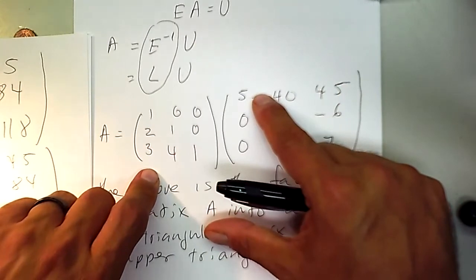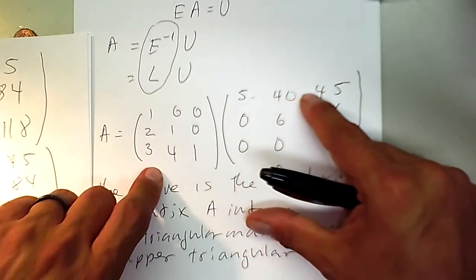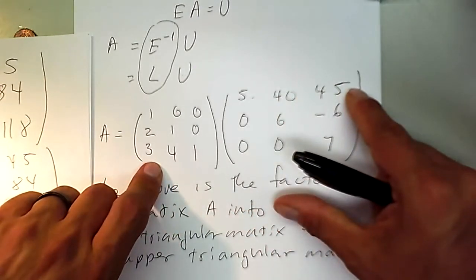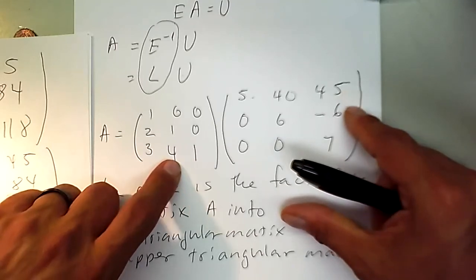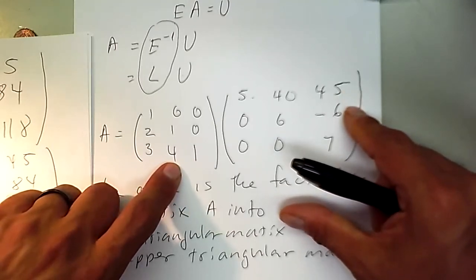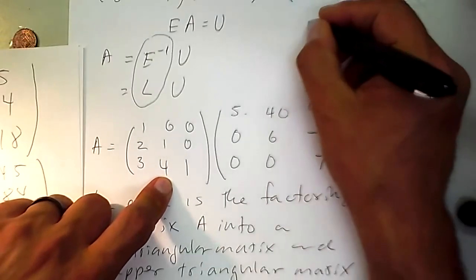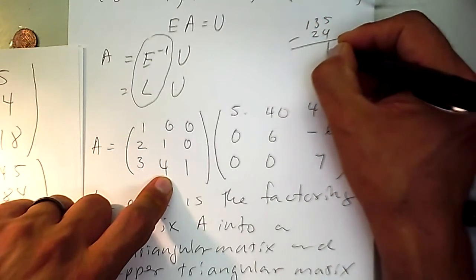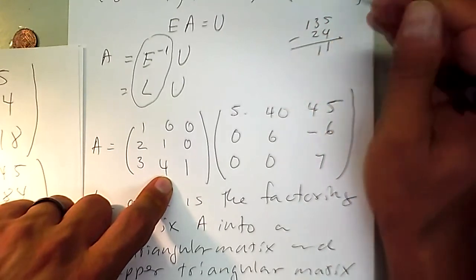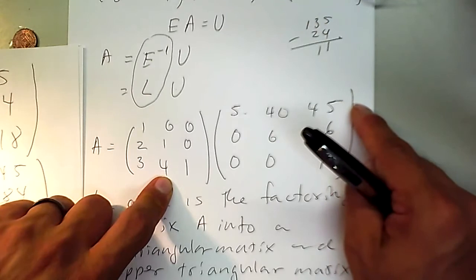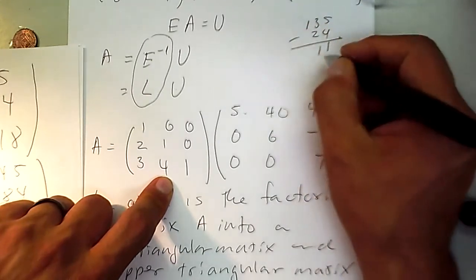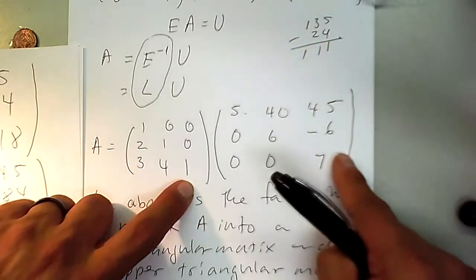And then we get 15, 120, and 24, yep, 144, 135 minus 24, yep, 111, plus 8, 118.